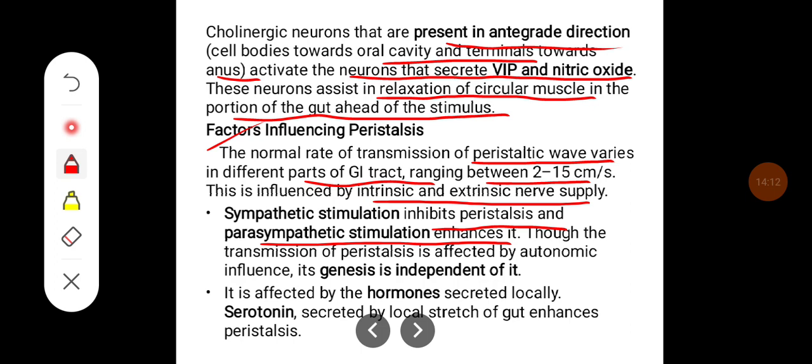Though the transmission of peristalsis is affected by autonomic influence, its genesis is independent of it. It is affected by hormones secreted locally. Serotonin secreted by local stretch of gut enhances the peristalsis.